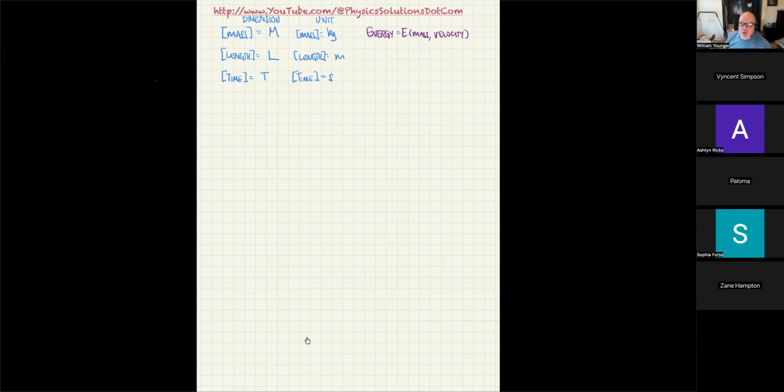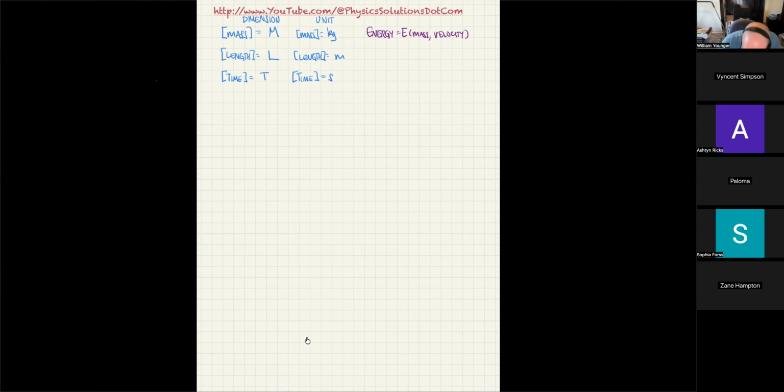Now, we can use just that principle. I'm assuming that energy depends only on mass and velocity. I would like to postulate an equation for energy that may or may not be right, but at least is dimensionally, or unit-wise, correct.